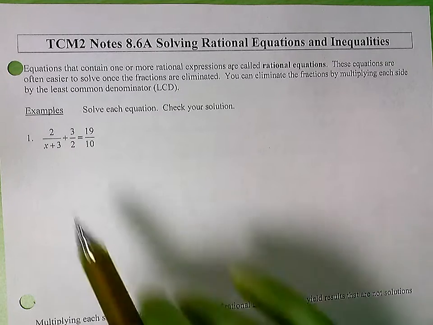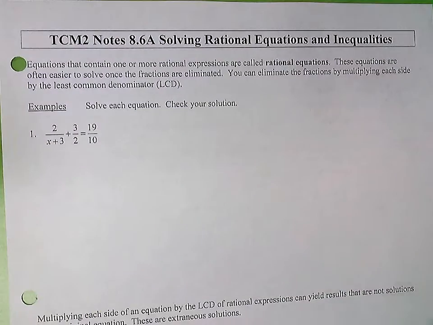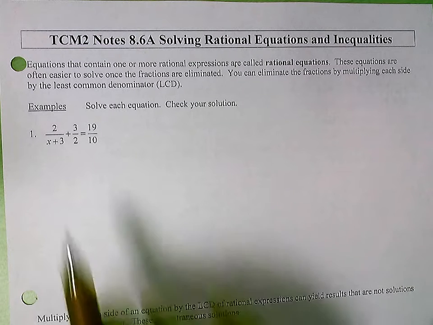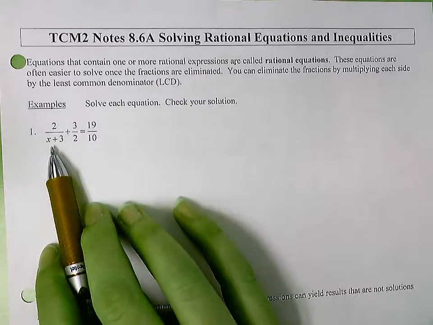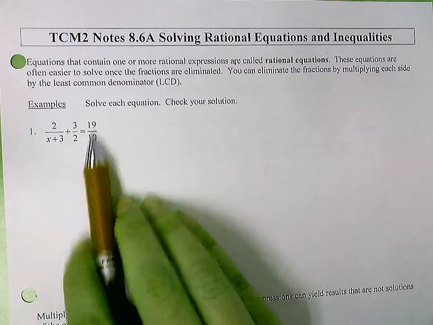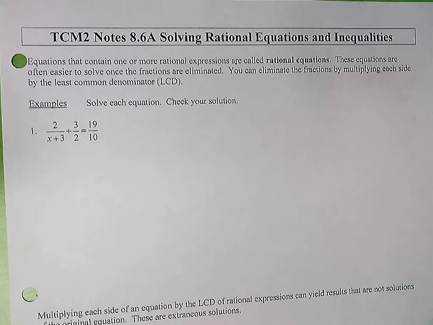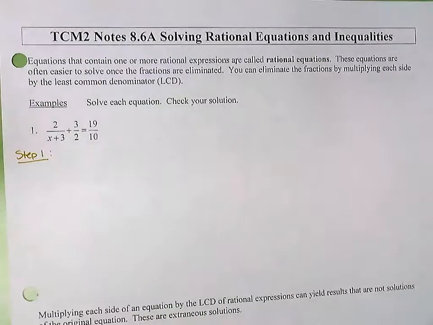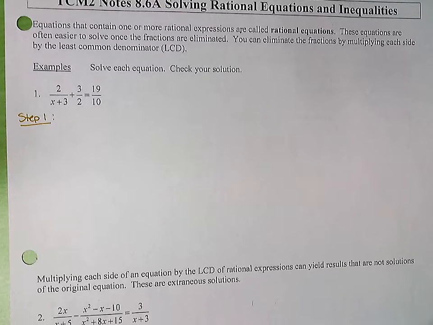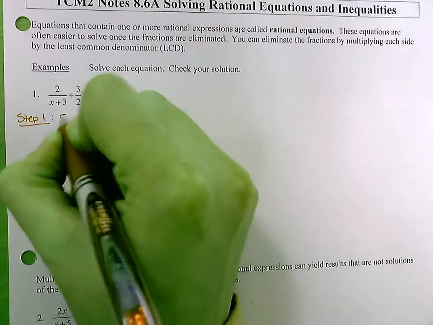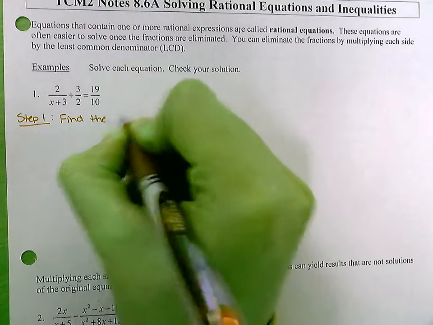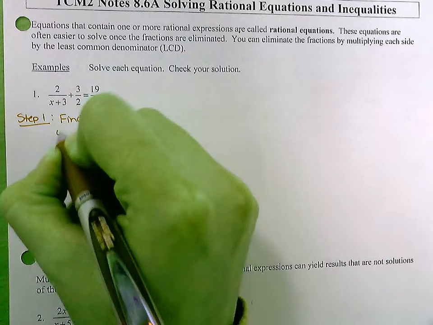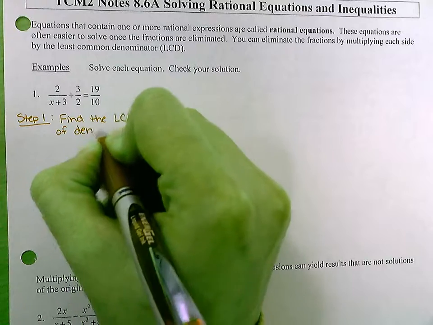So in our example here, we want to solve the equation and then check our solution to make sure it makes sense. So this first one, I have 2 over x plus 3, plus 3 over 2, equals 19 over 10. Okay, so my first step, step 1, is to find the LCM of the denominator.